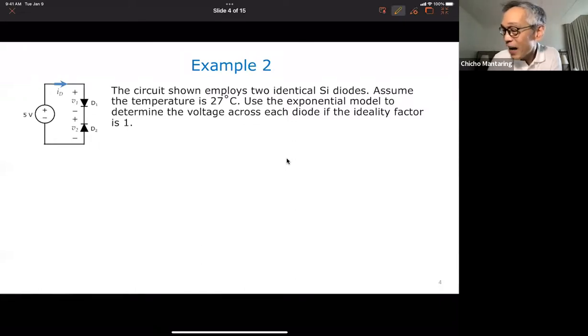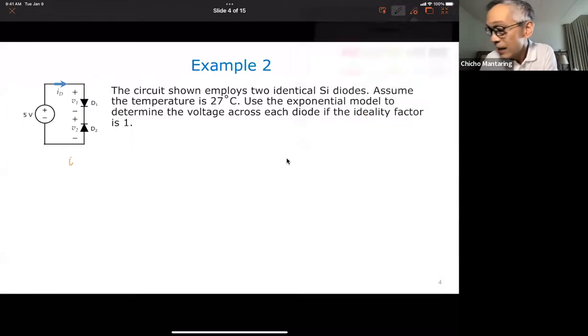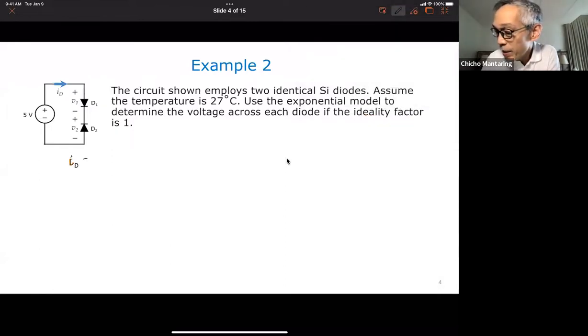Ang magiging value ng I_D, I_D will be equal to I_S, the reverse saturation current. Why? Okay, assuming you have a current that is flowing clockwise. One will be forward biased, the other will be reverse biased.